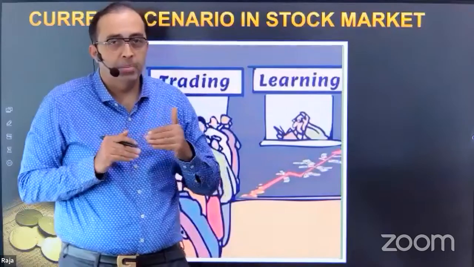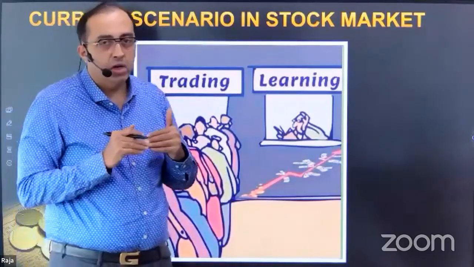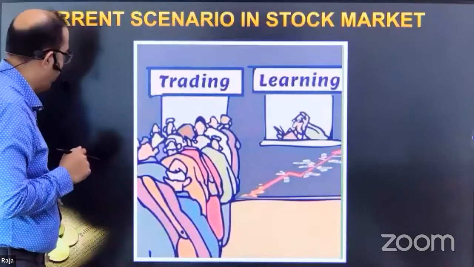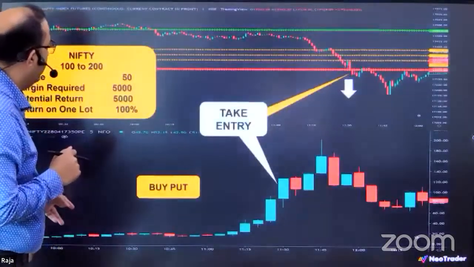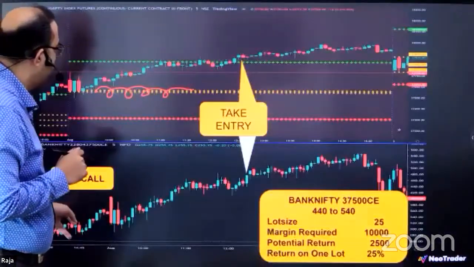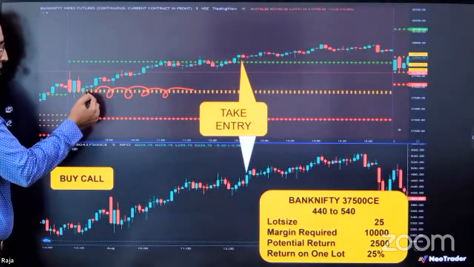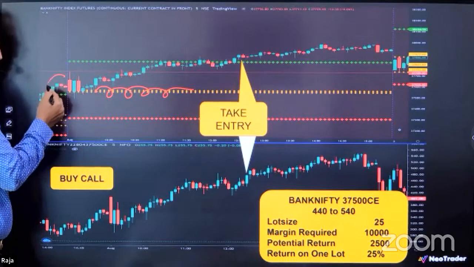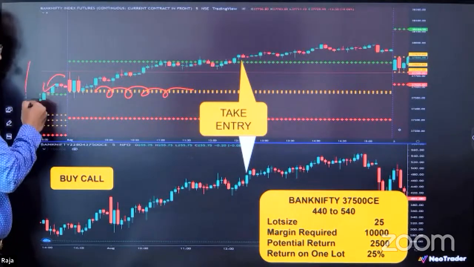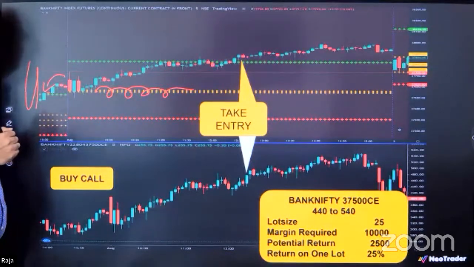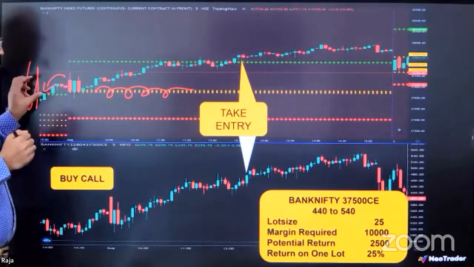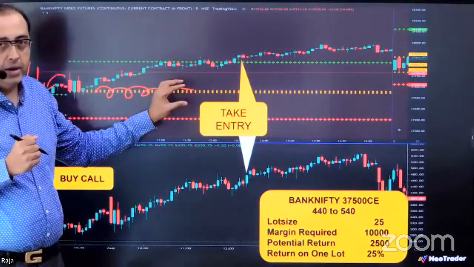Why? Because on the previous day, like let me go back to the previous example. You can see here, this one, you can see that in the narrow CPR, what does the narrow CPR mean? Narrow CPR means that on the previous day, the range was small, correct? If the range is small, then you will have a narrow CPR.